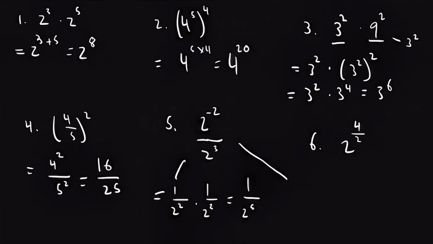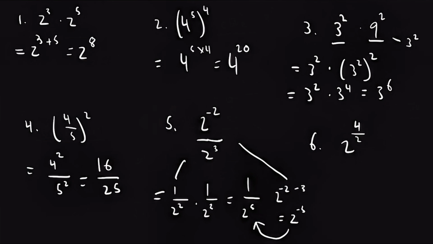Or you could skip that and just go to the quotient rule, and you could have 2 to the power of -2 divided by 2 to the power of 3. So that would be -3, which is equal to 2 to the power of -5, which you know is the same as 1 over 2 to the 5. So they get the same answer.